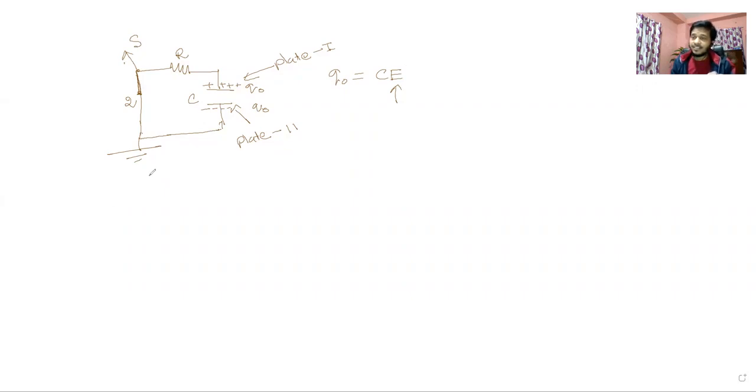Let us count our time from 0 second. At t equals 0, what will happen? Let us analyze that. At t equals 0, what will be the current through this circuit?